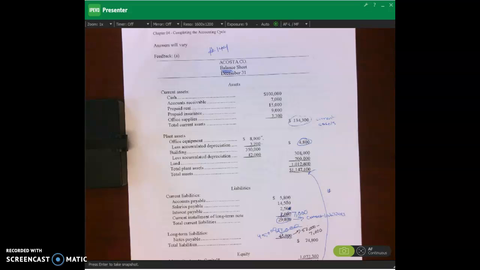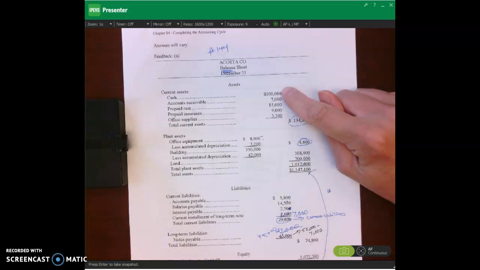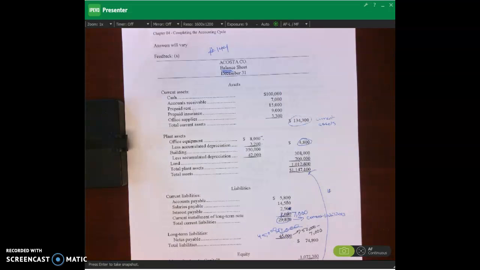In fact, sometimes your current ratio could be even too high, because your current assets don't really generate much. Look at how much cash they have. Cash just doesn't generate much of a return. You're putting it in a savings account or money markets, and that doesn't earn very much.